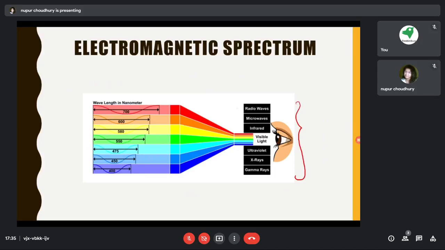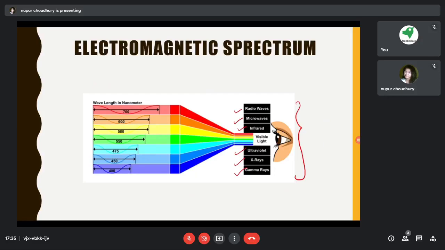So radio waves, microwaves, infrared, ultraviolet, X-rays, and gamma rays. All these rays are there, but they are not actually visible to our naked eye. These are different frequencies of light which are already there, but they are not visible to our naked eye.